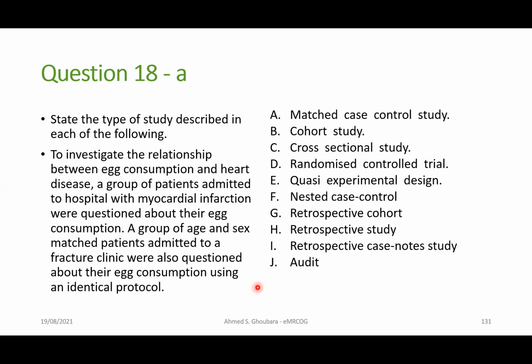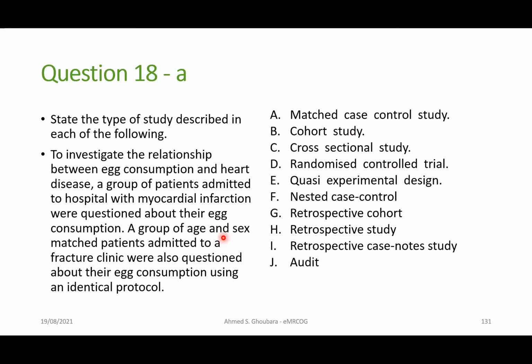So what kind of study is that? Okay, it is case control, but which one? Perfect. Matched case control. This is your clincher here.